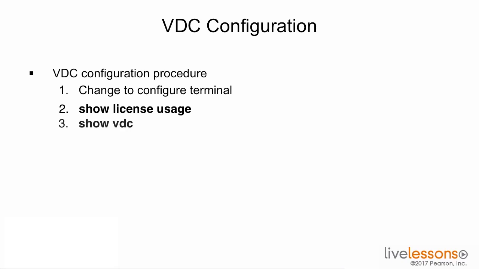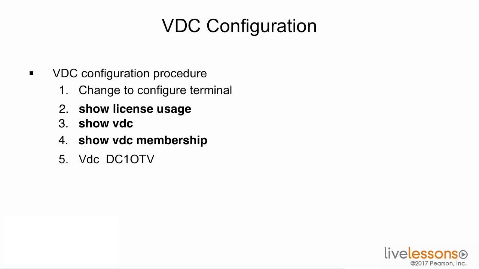The next thing that we might want to do is see if there are any VDCs currently on that device. We can do that by typing show VDC. Fourth, if there are VDCs configured on that device, we may want to see which ports are configured to be in which VDCs.